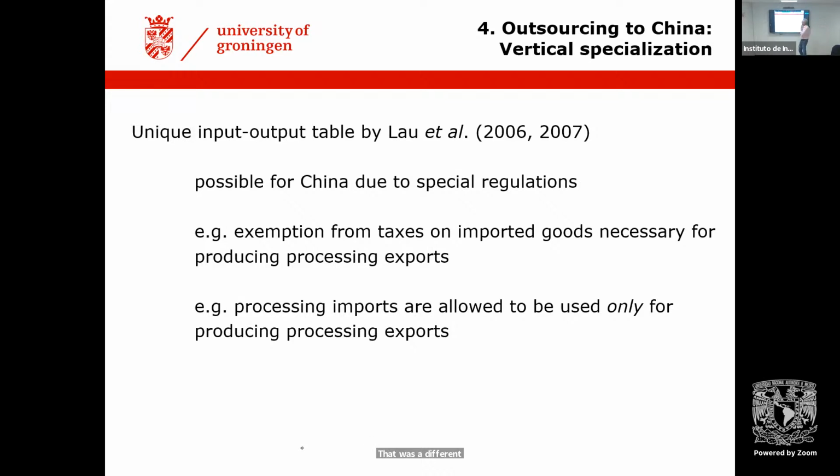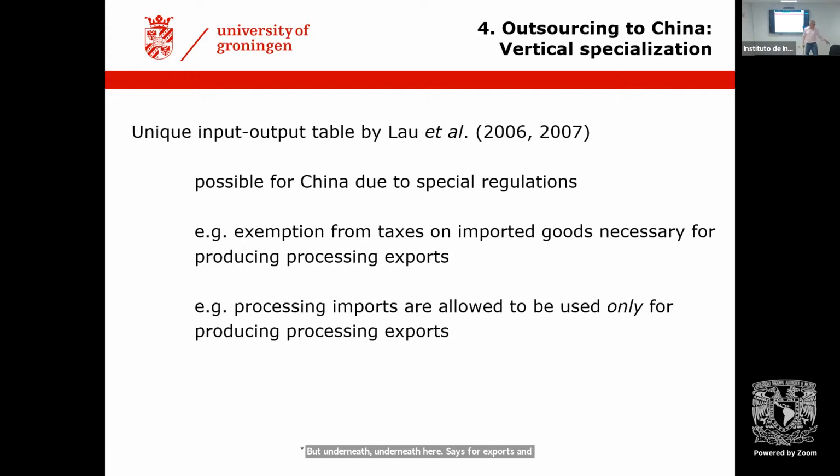In China, these special input-output tables were produced by a group of Chinese authors, including Lawrence Lau. And in China, it was possible because there were special regulations. The idea was that this chair and that chair are exactly the same, but underneath here it says for exports, and underneath that chair it says for domestic use only.